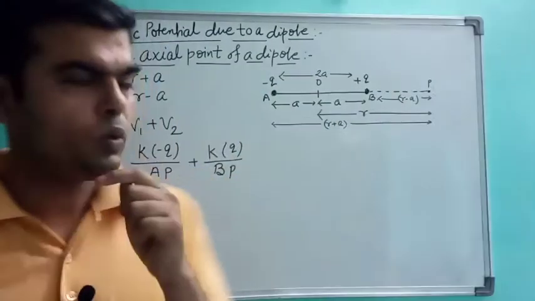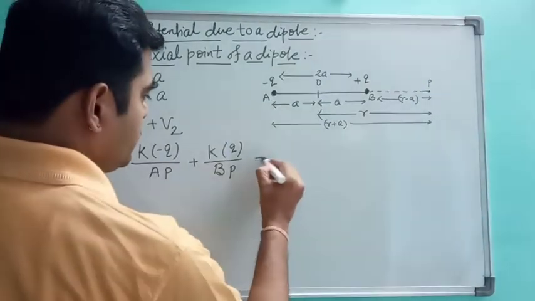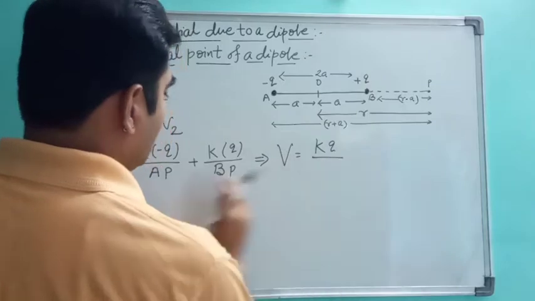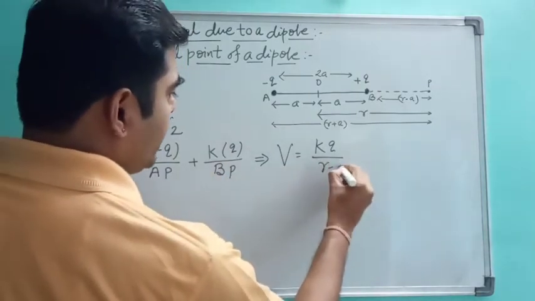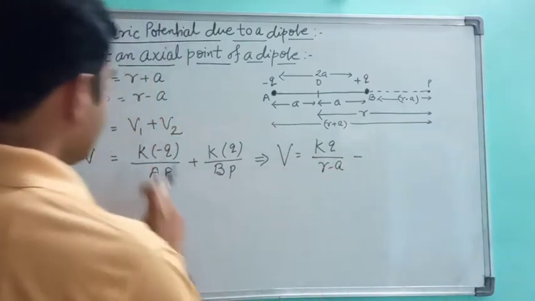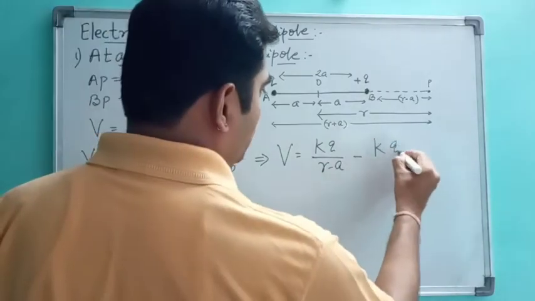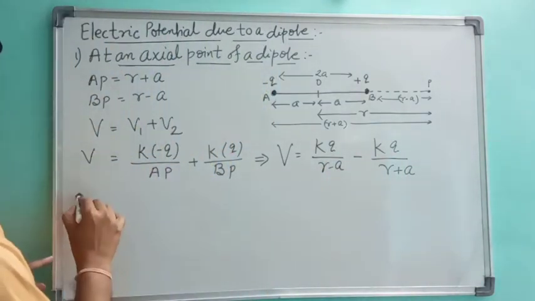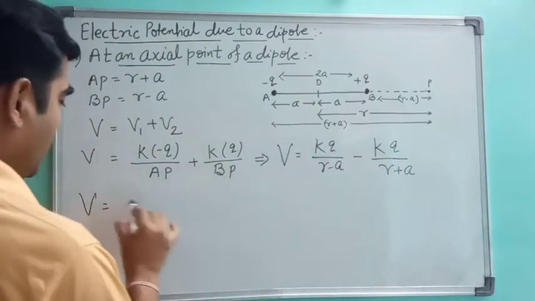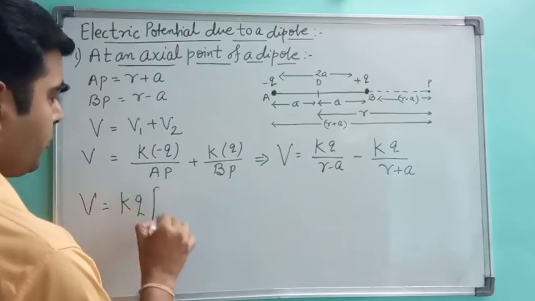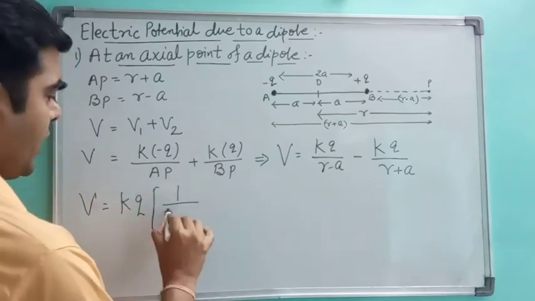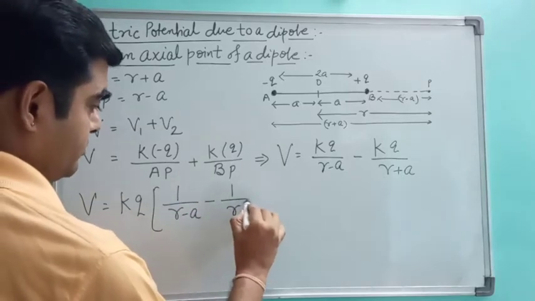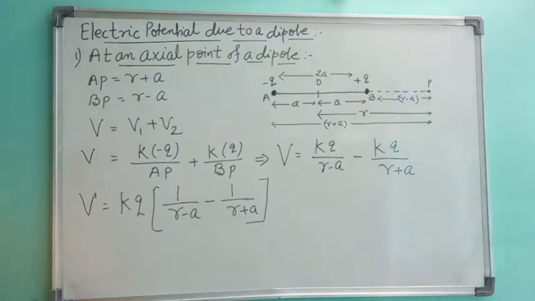Now V is equal to KQ with BP replaced by r minus a, minus KQ with AP replaced by r plus a. So V is equal to KQ taken common, with the remaining portion 1 upon r minus a minus 1 upon r plus a. Write down.